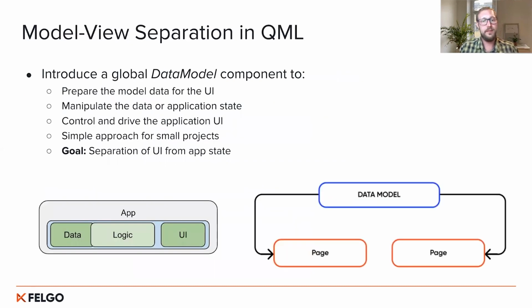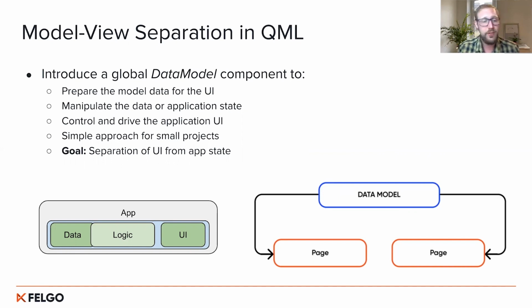How can this look like in QML? For example, you could introduce a global data model component, which covers the view state, the application state for your application. It controls and drives the application user interface, which in turn does not have any calculations anymore for processing all of the things.